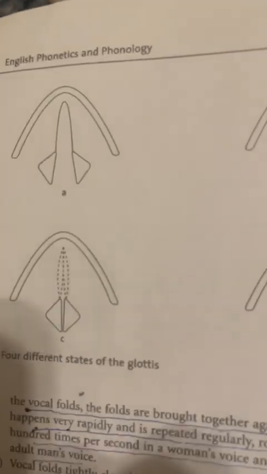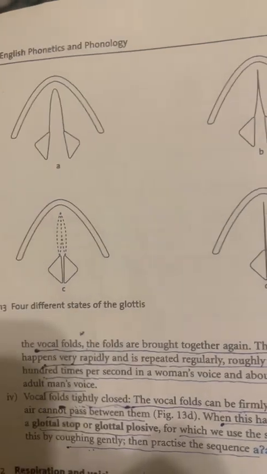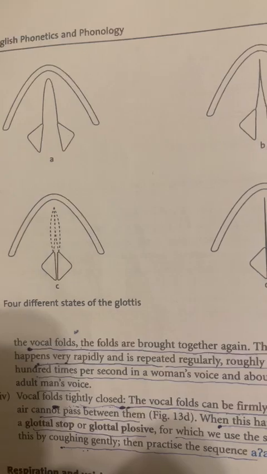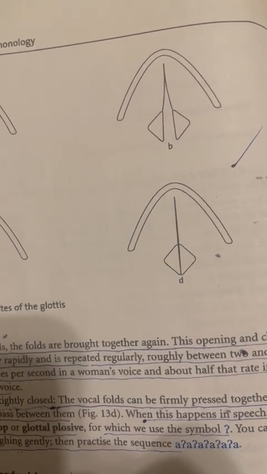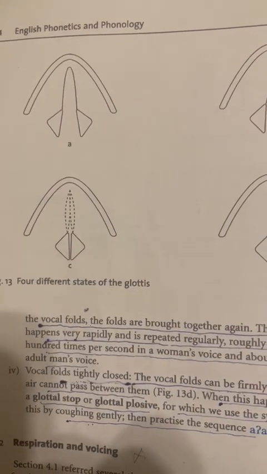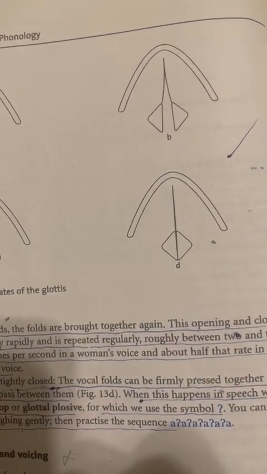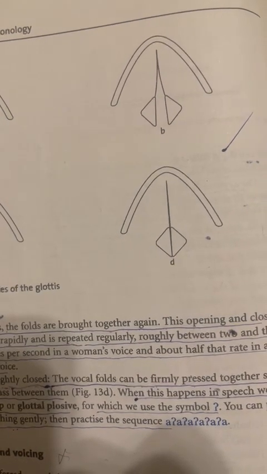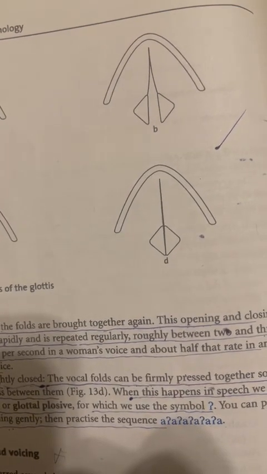Now these are the 4 states of the vocal folds. Number A, when they are open, apart. Number B, when they are closing and opening. Number C, when they are vibrating. Number D, when the vocal folds are closed tightly and then open.